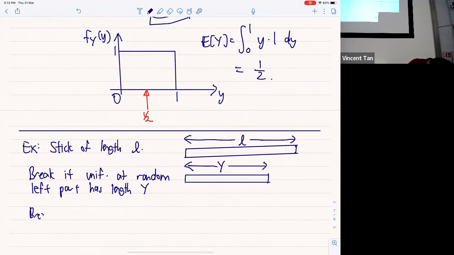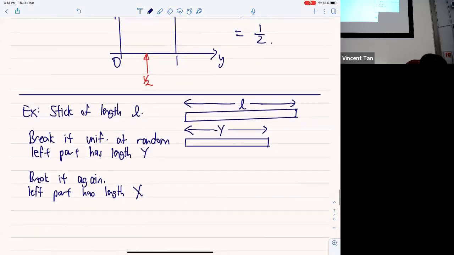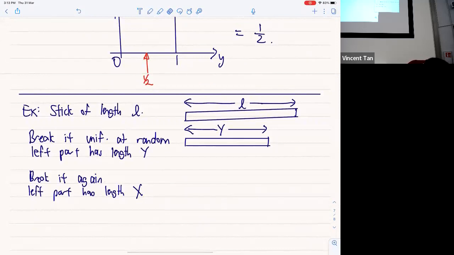Then we're going to break it again, and the left part has length X. So we're going to break it again uniformly at random, with total length Y. This is our remaining piece.